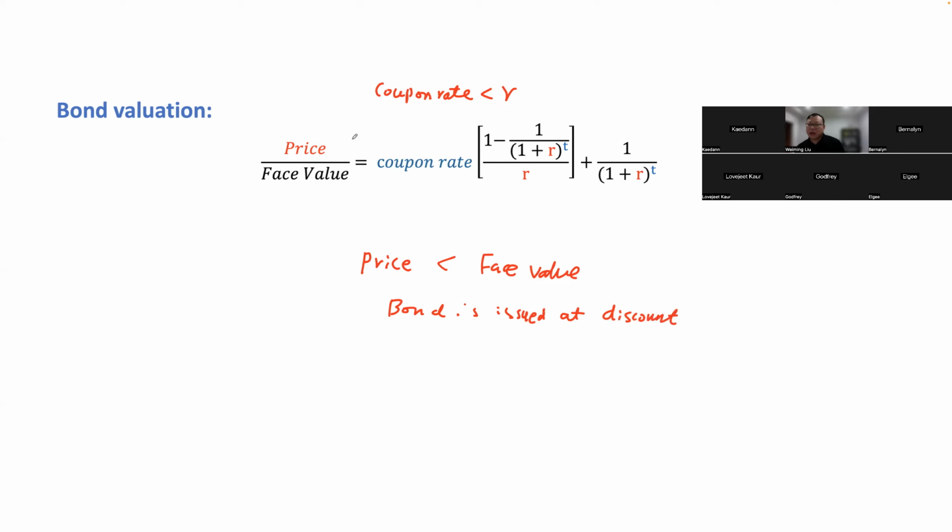Now the question is, how can we rationalize this relationship? Why, when the coupon rate is less than the market rate, does the bond have to be issued at a discount? Can anyone tell me a story to rationalize this relationship? When the coupon rate is less than R, the market rate, the bond has to be issued at a lower price than the face value.